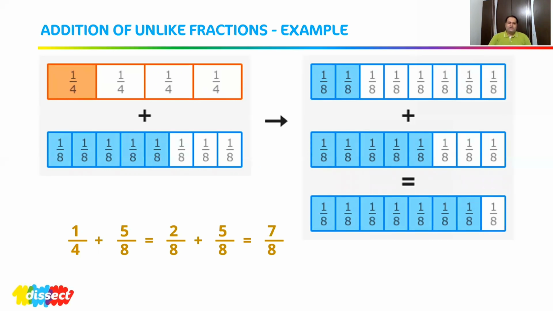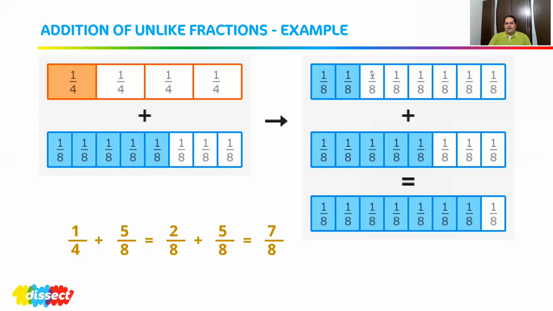But what we observe is the orange part is exactly double the size of the blue part. So what we can do, we can simply cut the orange part in 2 pieces. And if we cut this part in 2 pieces, then we have to do the same with the rest of the parts also, right? So we cut all these sections, all these parts, into 2 pieces each.